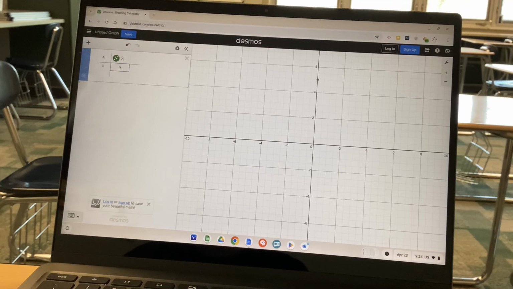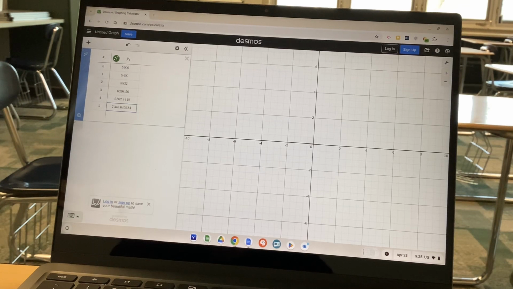So 0, 5,000, 1, 5,400, 2, 5832, on down the line here. Okay, so there's the table that's on the page.